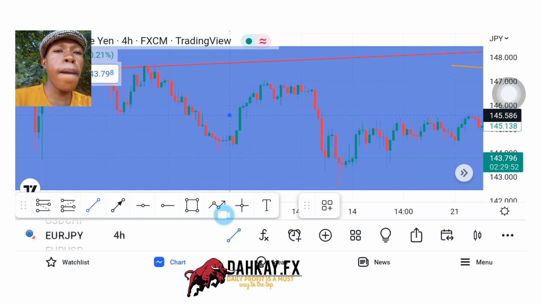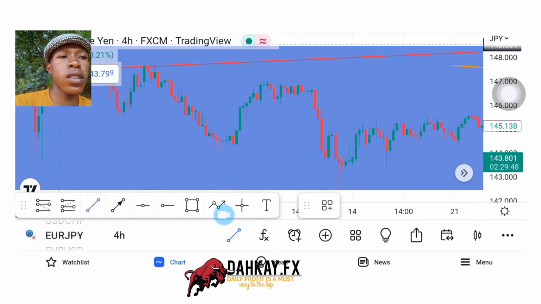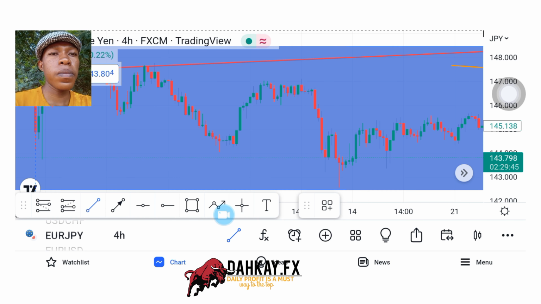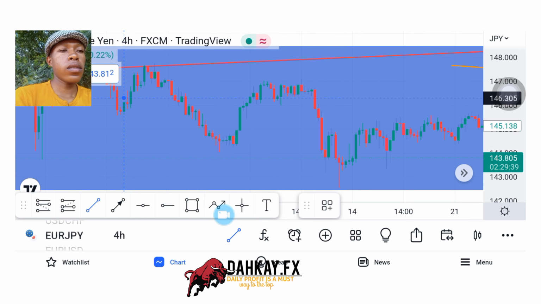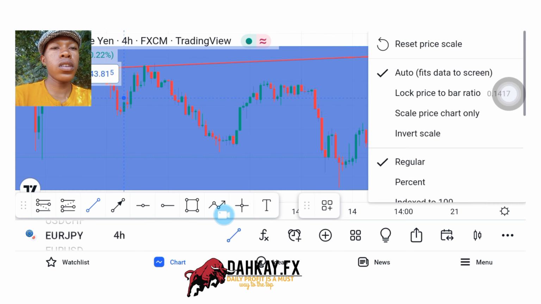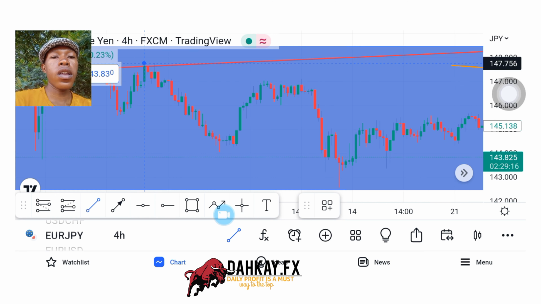On the weekly time frame, we can see that we have our resistance here, being this blue line, and the second confirmation is this trend line that we drew here.